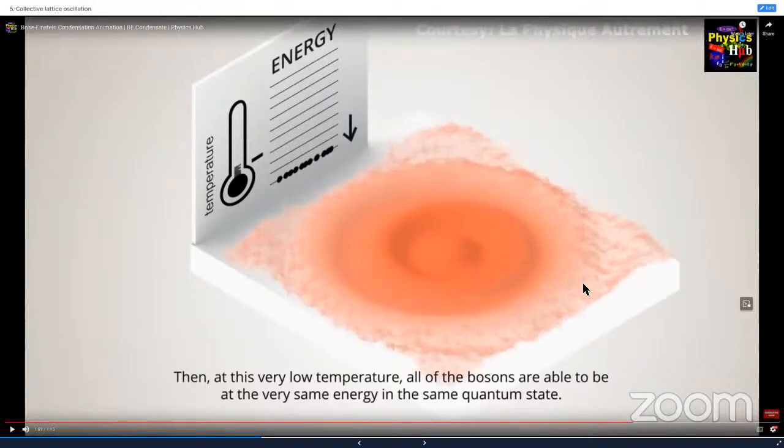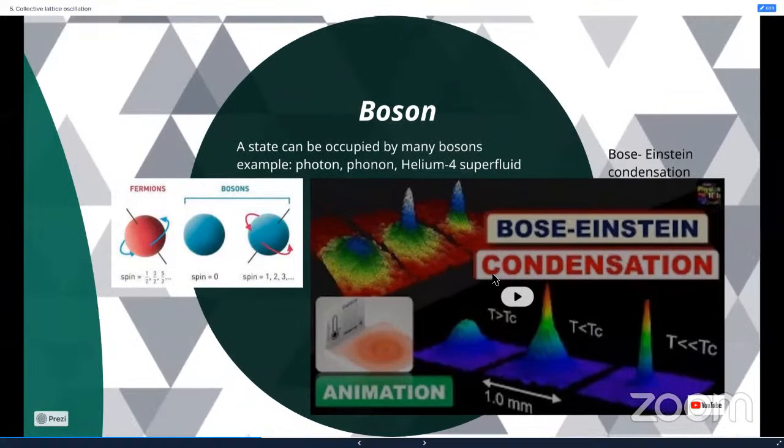Yeah, so this state is called Bose-Einstein condensation because at low energy, they all occupy the same energy, and this phenomenon is observed as Bose-Einstein condensation.